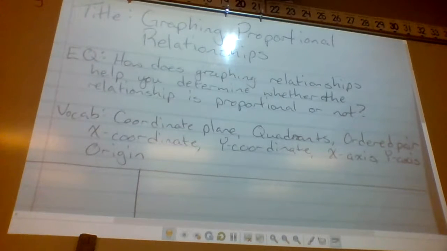I've got to hand these out to you. Miss Loma, there's a bunch on our table. Yes, but they're not the ones that I want you to have. I have all different sizes. I want you to have the full page one for this, for the notes part at least.